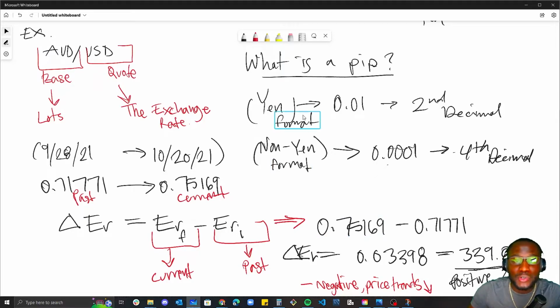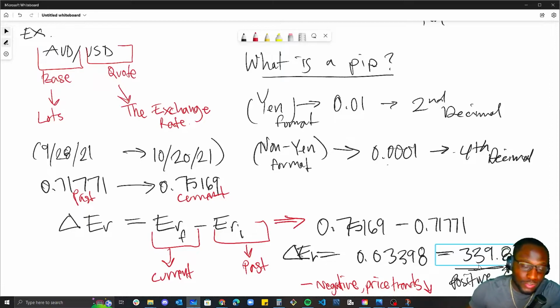So yeah, what is a pip? We basically just answered that it's a unit of measure used to express the change within an exchange rate. And we just went through an example showing you that the change between exchange rates gives you the total amount of pips that the currency moved within a certain period.